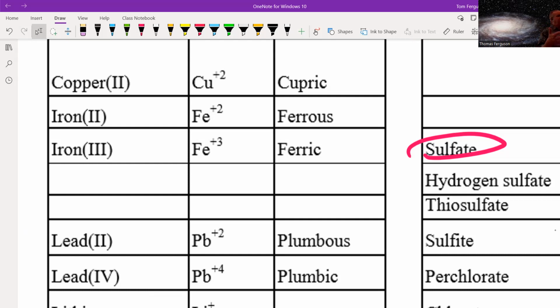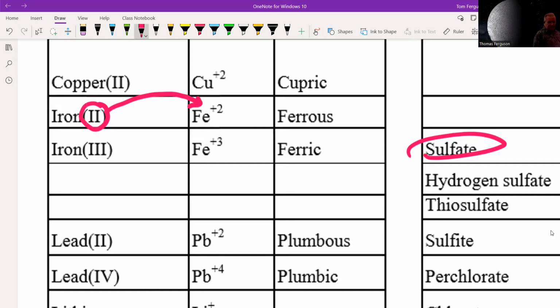Iron positive 3 is called ferric. And 80, 90 years ago, someone said, that's so confusing. Let's call iron positive 2 just iron(II). So that refers to the charge. Now that's very nice.